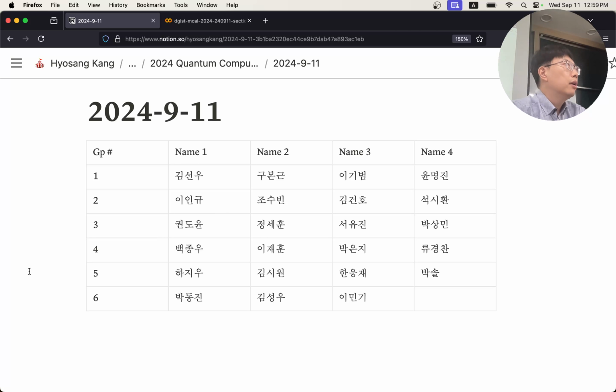As I said, we're going to have 2 projects throughout the semester, and this is a project-based class. The first project is making a quantum simulator. The reason why we are doing this project is that the best way to learn something is to make something.